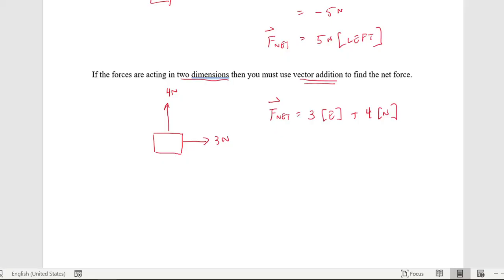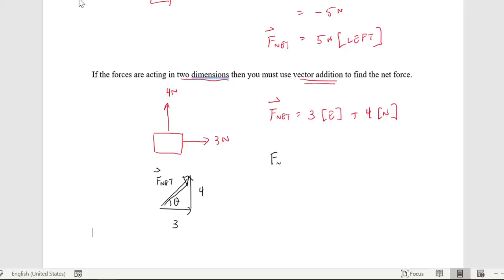Then how do we add those? That's vector addition. So let's do our vector addition. If we remember, it's head to tail. So that's 4, that's 3. That's going to be our net force right there. The resultant is our net force, with this angle.